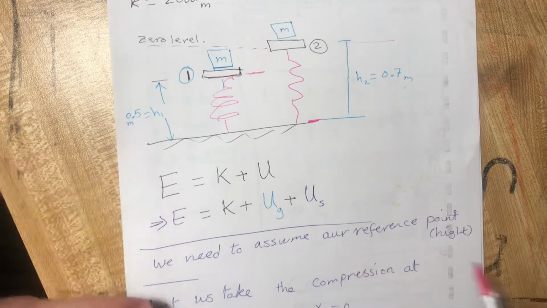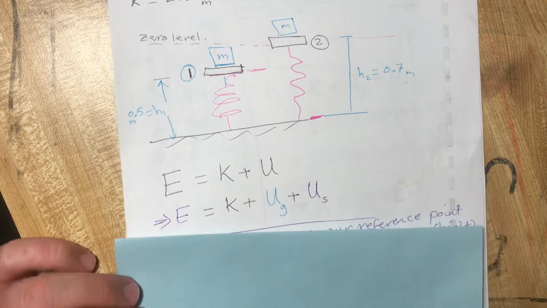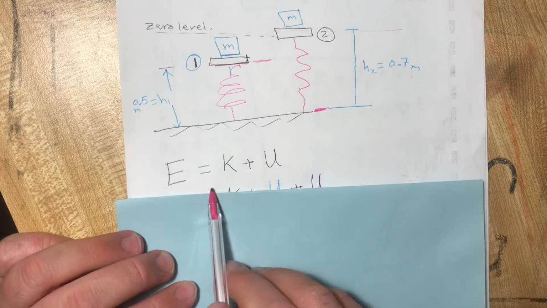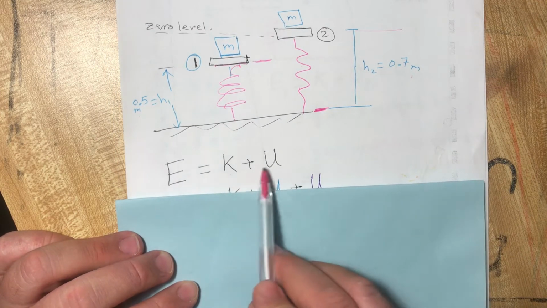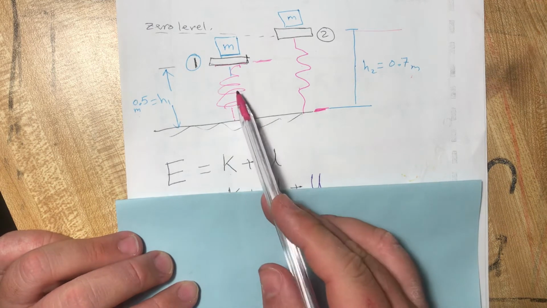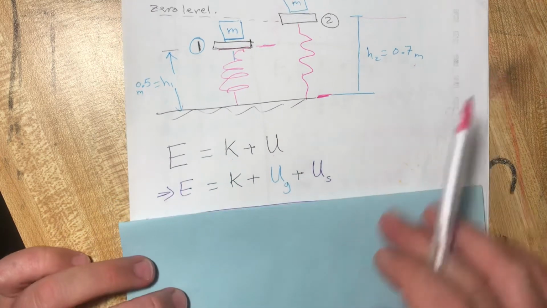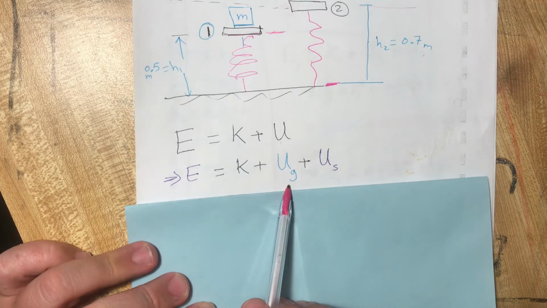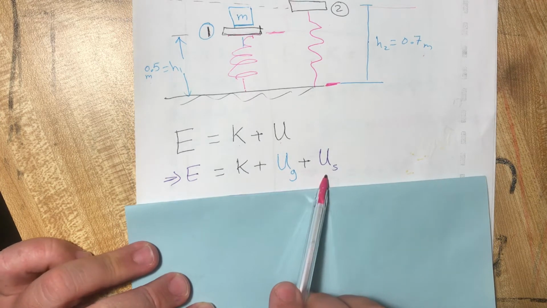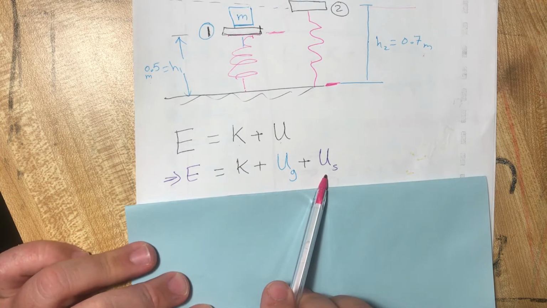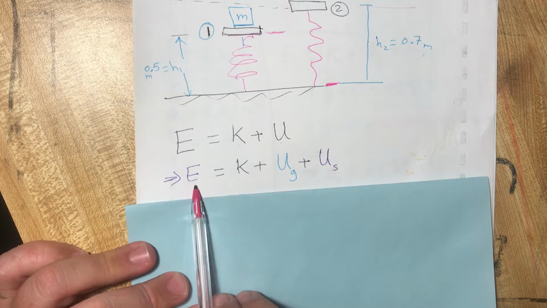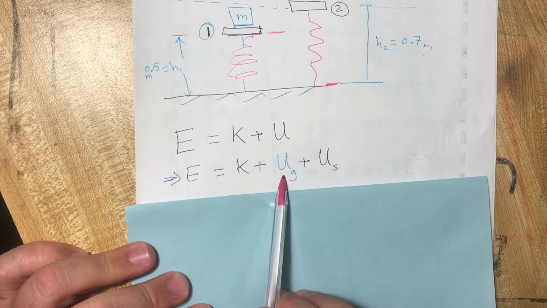We need to know also that the mechanical energy is always equal to kinetic energy plus potential energy. But in this case, we have two potential energies. One due to gravity, the second due to the spring force. So our mechanical energy is equal to three terms, not just two.